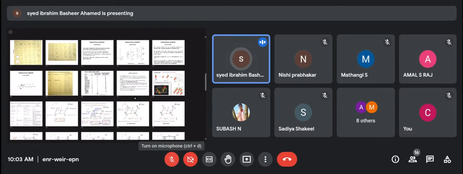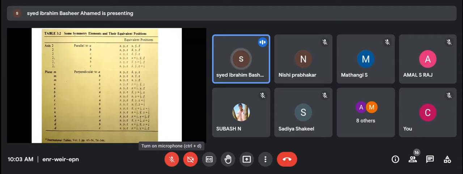I showed you this here. Mirror plane perpendicular to A, what will happen? The coordinate X bar, Y, Z. Mirror plane perpendicular to B, X, Y bar, Z. Perpendicular to C, X, Y, Z bar.